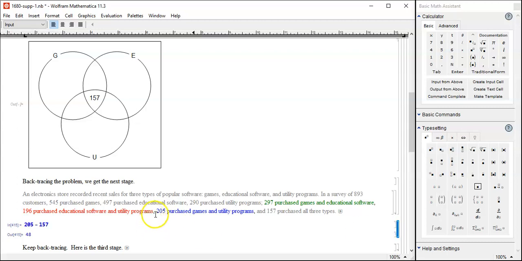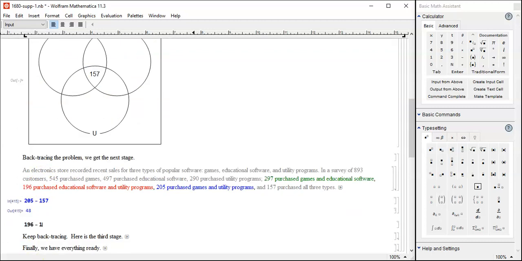How about the red part? 196 purchased educational software and utility. Utility and educational, so it's this football here, inside the U and inside E. But among the 196 total, 157 are already counted. So what's the subtraction? 196 minus 157.